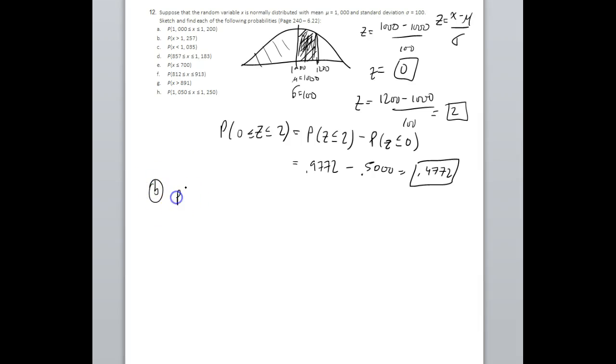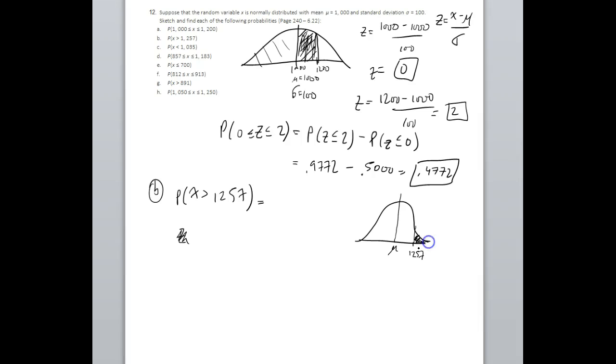So B, probability that x is greater than 1257. Like I said last time, the first thing we want to do is draw it, since they want us to draw it. That's the mean, and then say this is 1257.